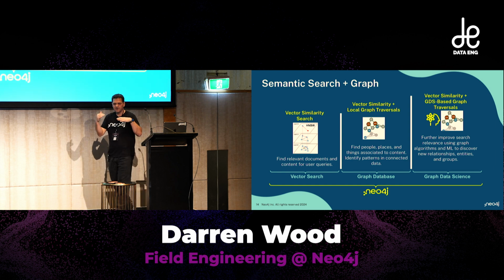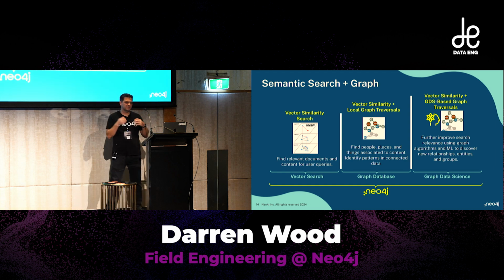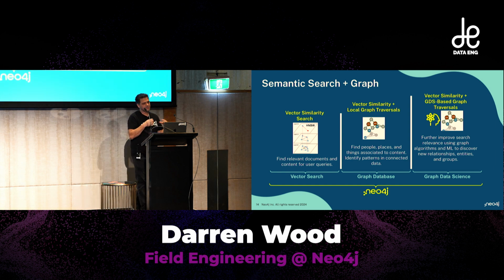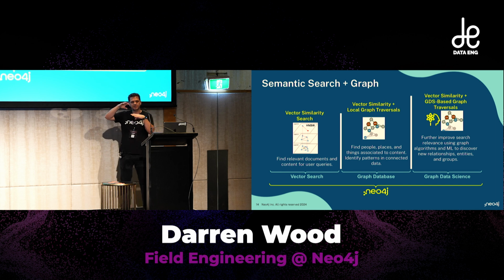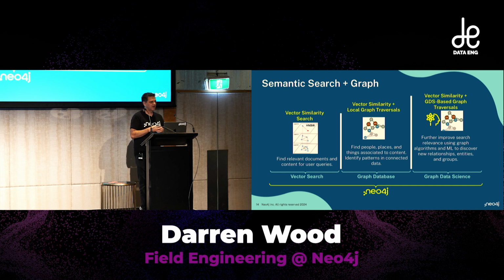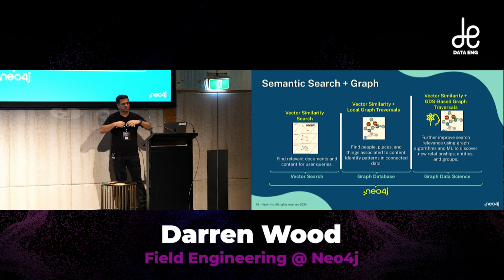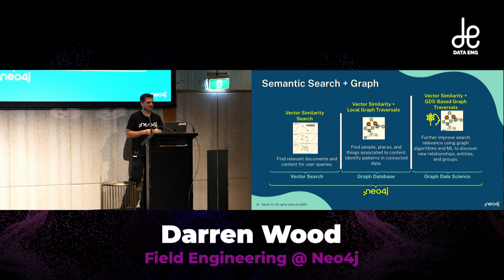And so narrowing down now onto just the topic of semantic search, this is kind of the semantic search journey that we see some of our customers taking. So they start off with a simple vector search, using either a vector database or a vector index. Pretty much all databases now have introduced some kind of vector capability.